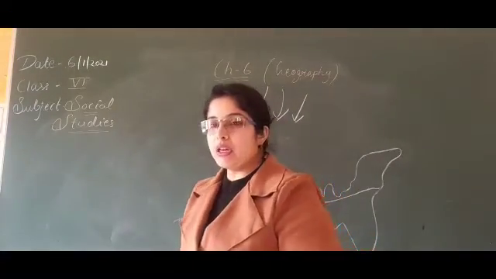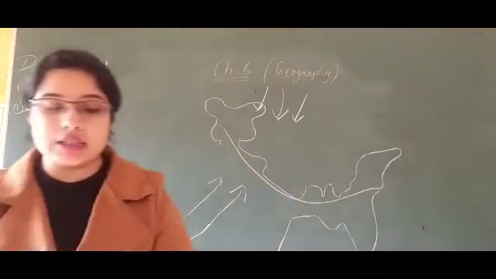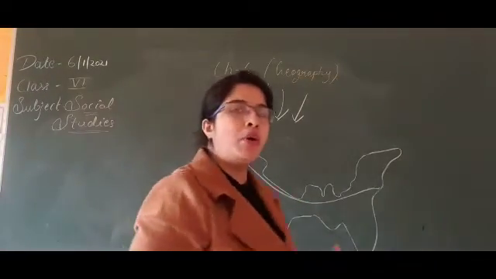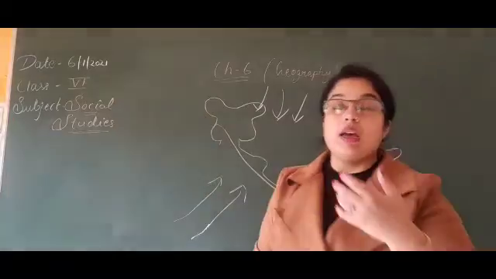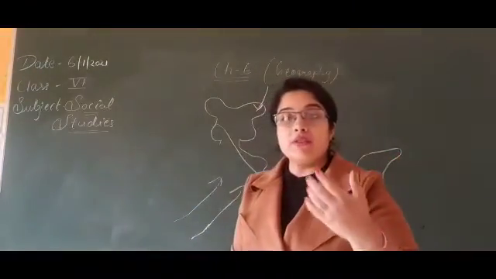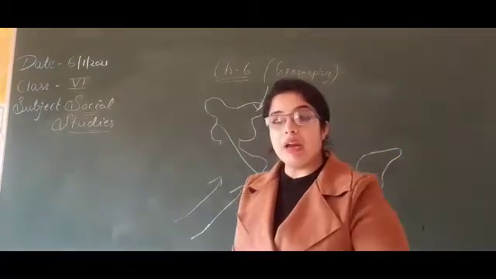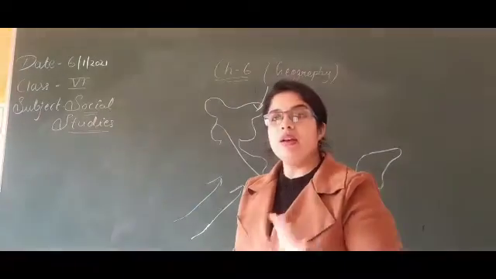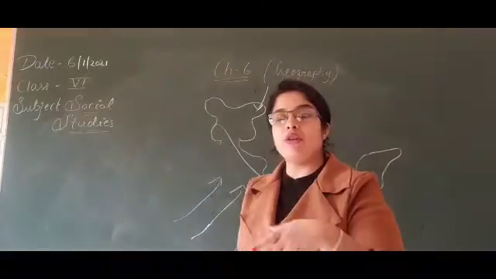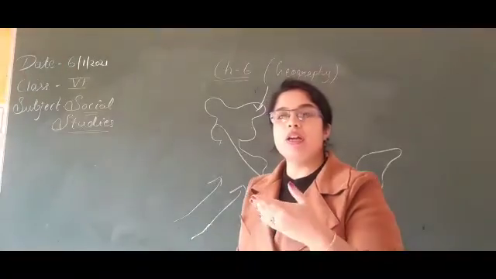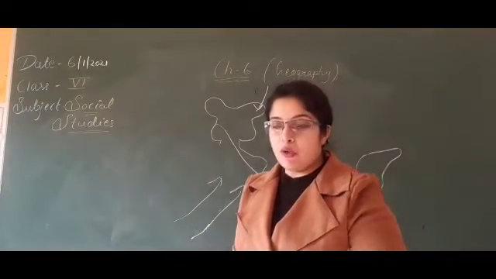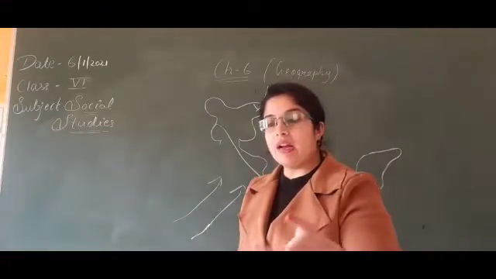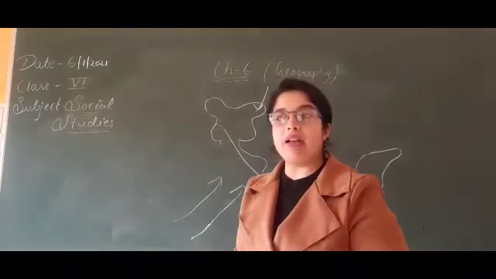And what is a glacier? A glacier is a solid form of water, solid form of ice, in the form of a mountain, and when it melts, the water from that glacier flows into the plain area the whole year, and Ganga is the main example of that.